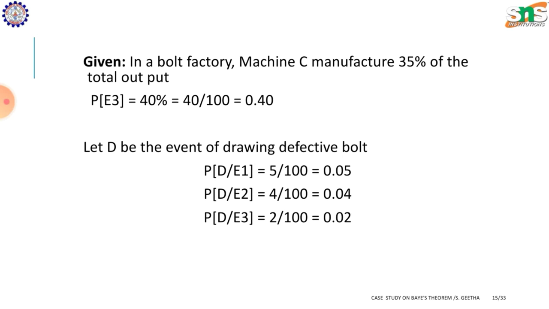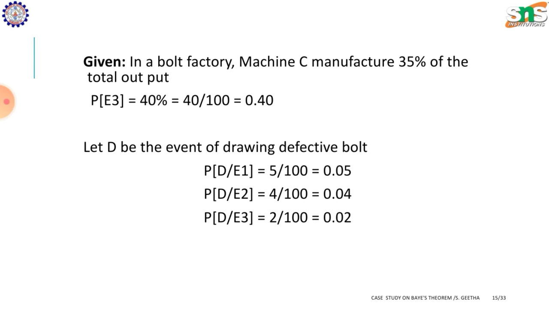Therefore, probability of drawing a defective bolt from machine A is equal to P of D given E1, which is equal to 5 by 100, that is equal to 0.05.